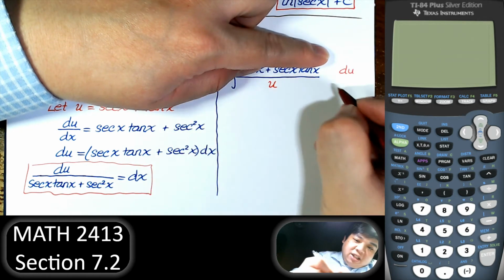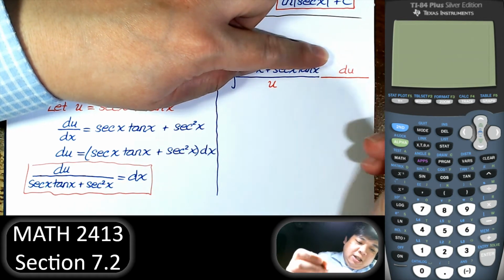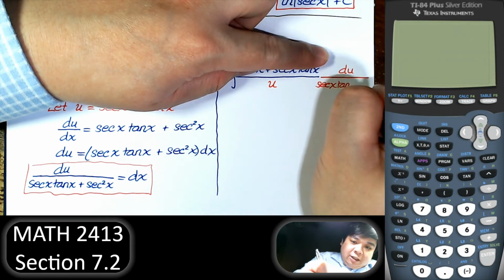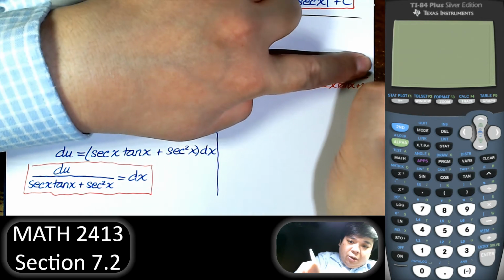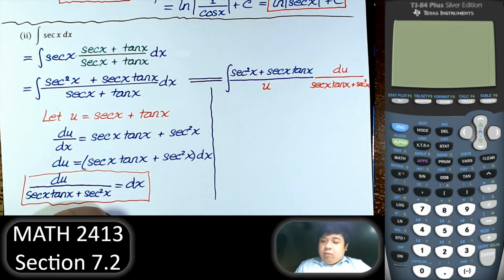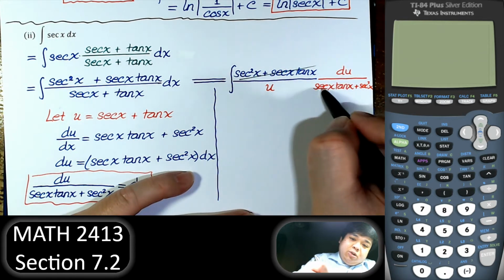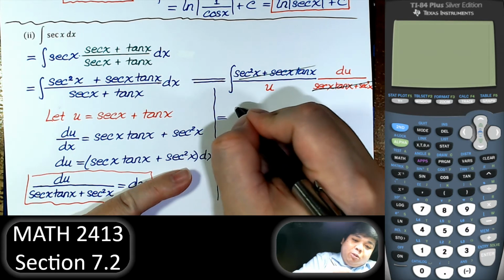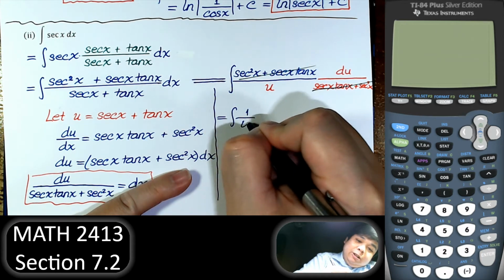I mean dx is that. Secant x, tangent x, plus secant square. Now it conveniently cancels out. We just have 1 over u du.